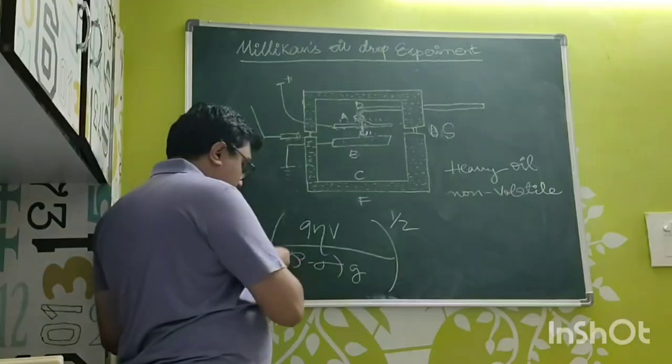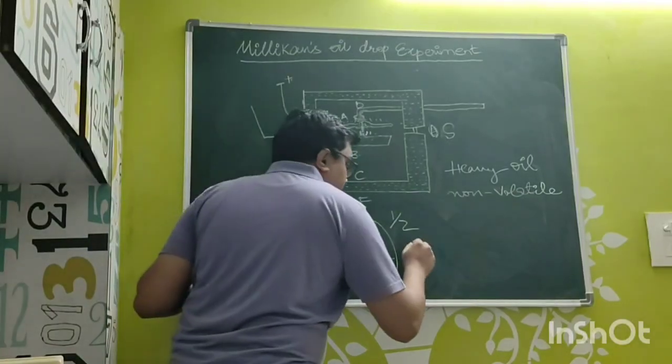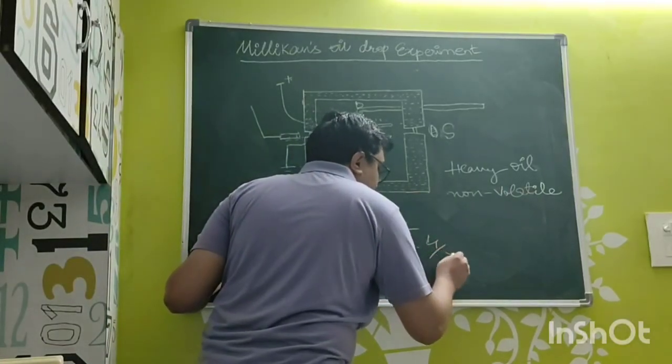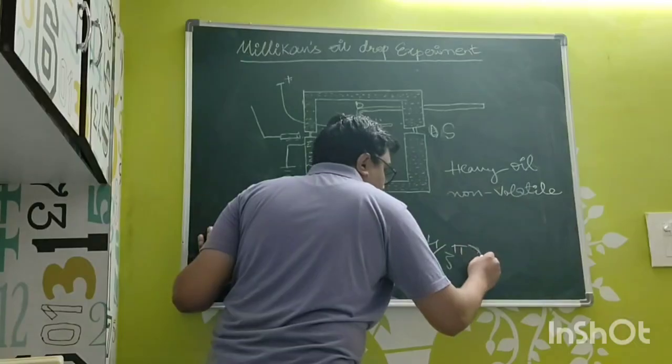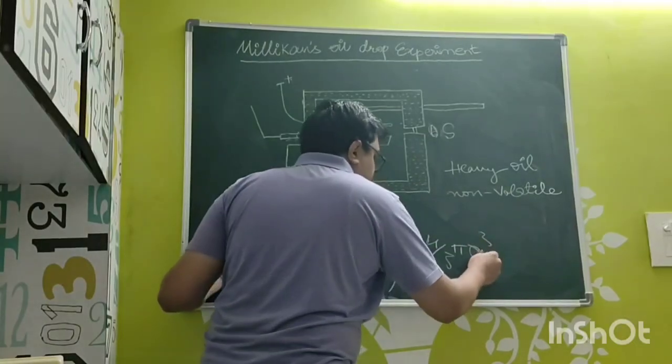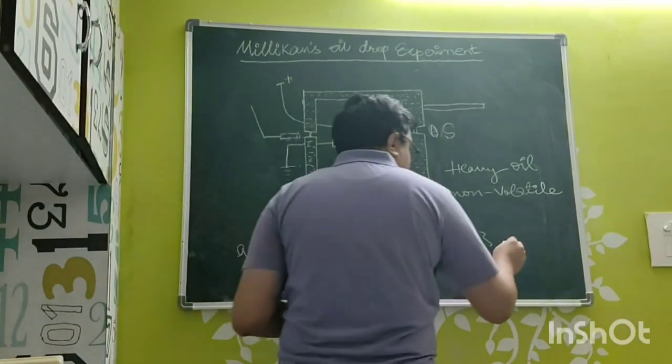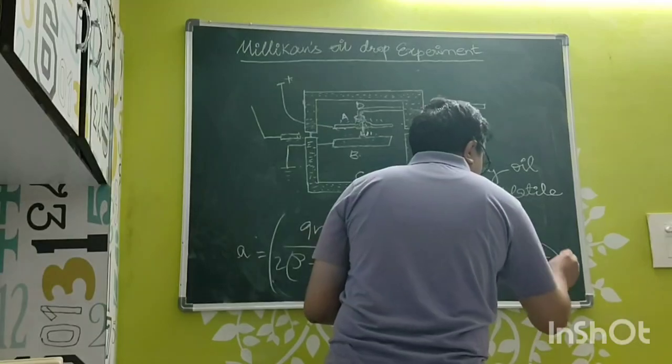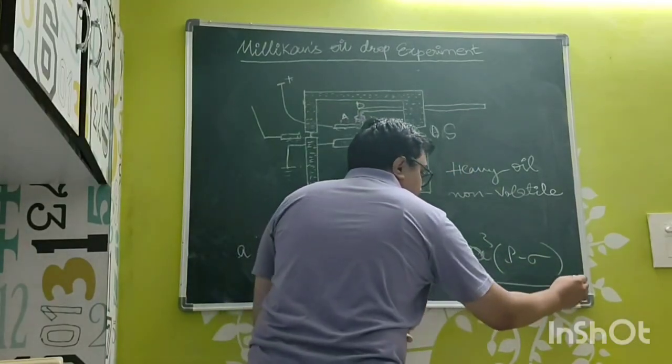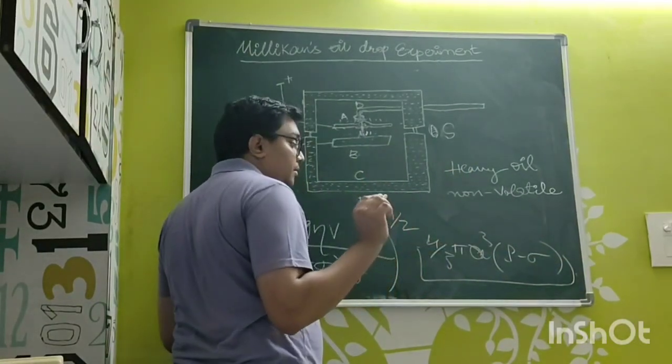Now substituting this in 4/3 π r³ (ρ − σ), we get what is called the effective mass.